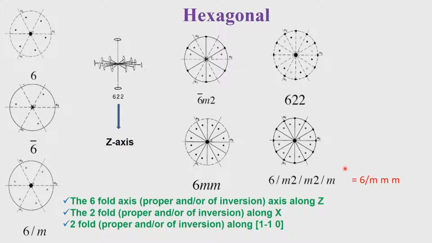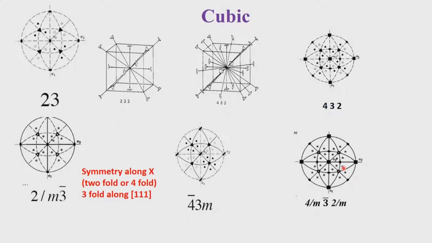So, having seen this system, we now go to the system which is the simplest, but the most complicated to understand, and that happens to be the cubic system. The reason it becomes a little more complicated is that the association of the rotation axes is not in principle with an origin and the x, y, z directions.